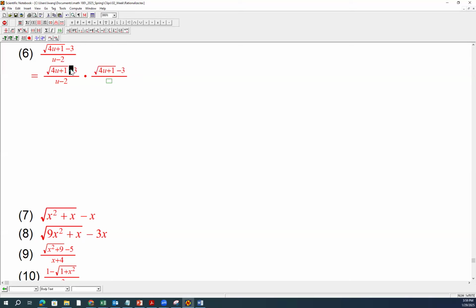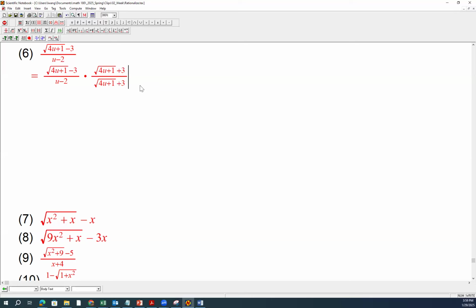So we have a -3, now it's changed to +3, and we're making number 1. So the numerator is the same as the denominator, and so this is 1. Anything times 1 stays the same.